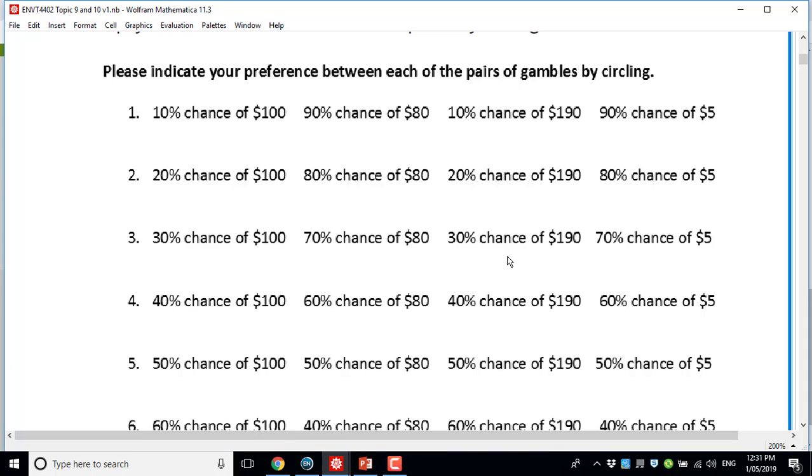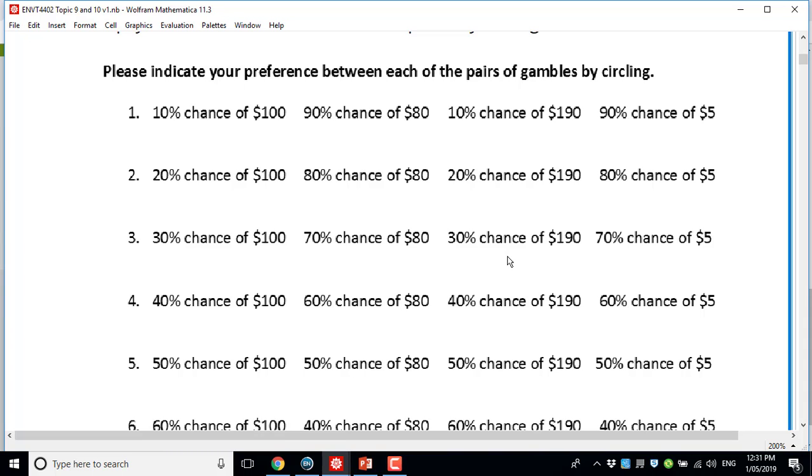So I have 0.1 times 100 to the power 1 minus r plus 0.9 times 80 to the power 1 minus r.